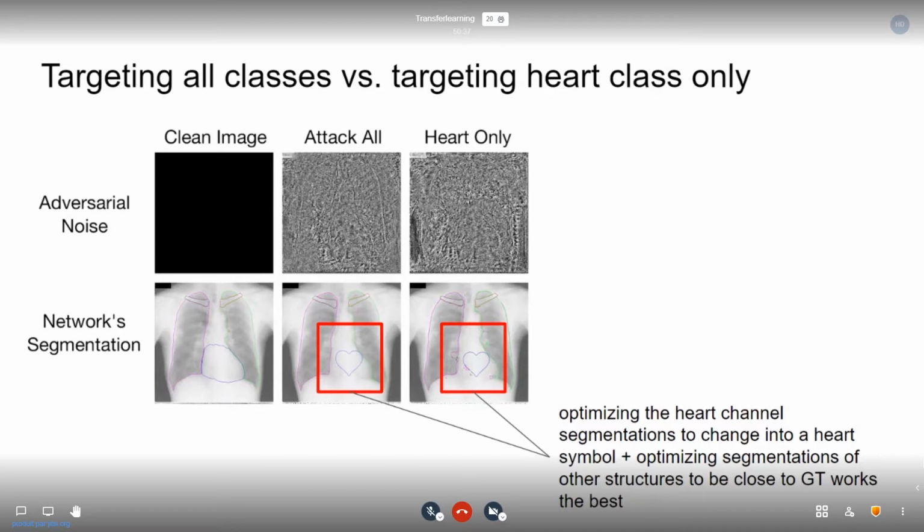That's because we noticed that when we only include the heart channel in the optimization, that disrupts segmentations of other structures around the heart. So the best results we get when we include all classes into the optimization.